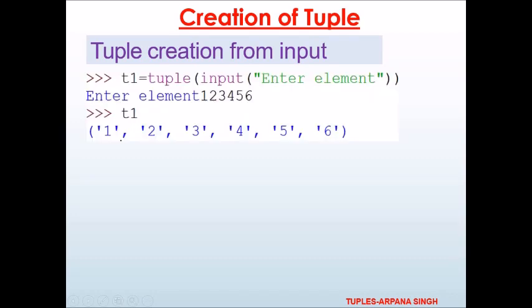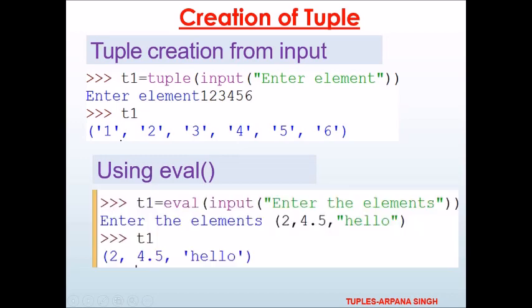Using input, if you want to input a tuple, you write the tuple function, then within brackets input, and then whatever message you want to give. Now here if you input 1, 2, 3, 4, 5, 6, it will be converted to a tuple of strings. Then you can also use the eval function. Within eval you write input, and in this case you have to enter the elements in the form of a tuple only.